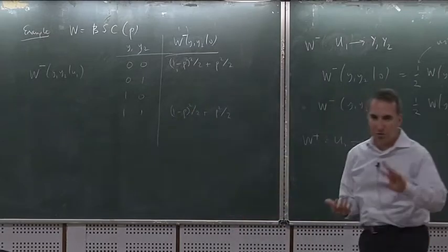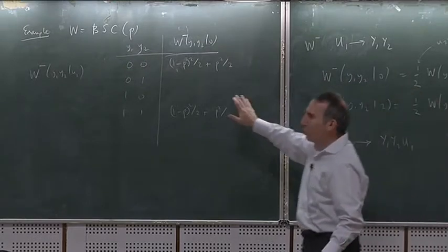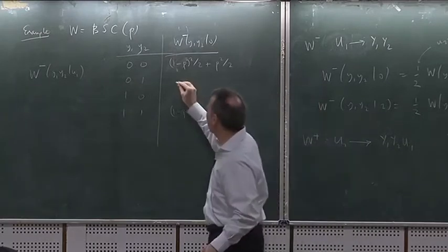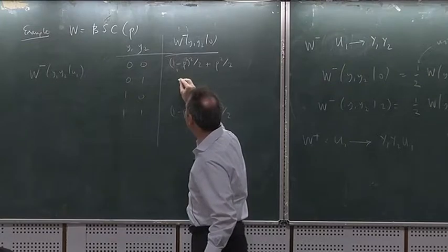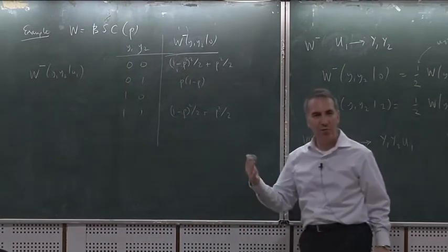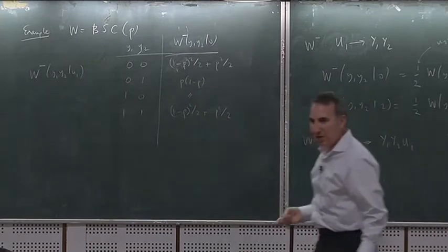And here, 0, 0 is sent with half probability. In that case, one channel should flip, the other one should not, to get this one. Or, again, the same thing: one channel should flip, the other channel should not. So we have p times 1 minus p in both cases, with the probability half-half added. Okay, and the same number appears here.